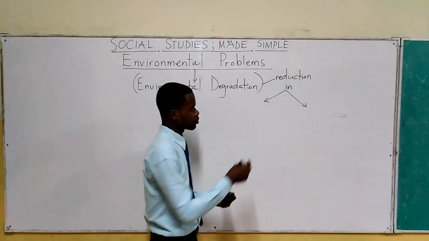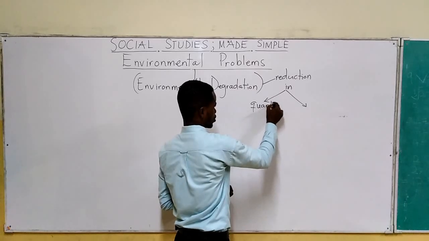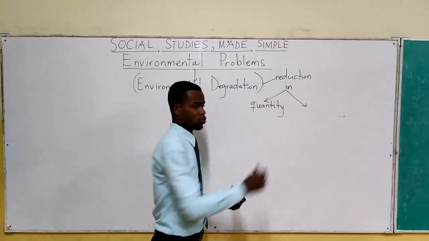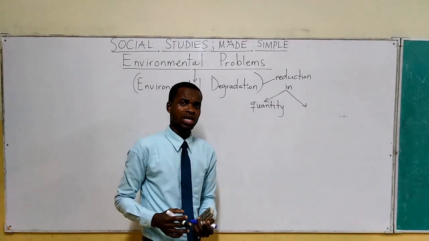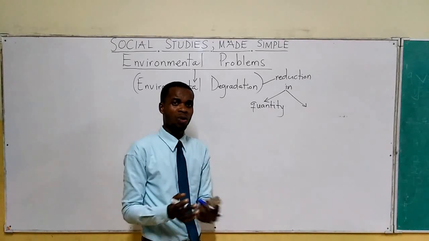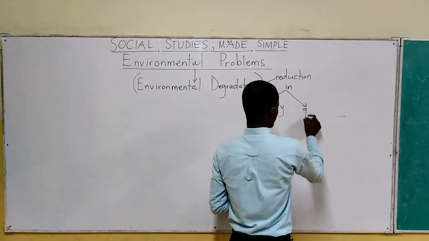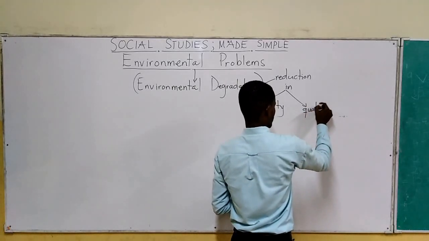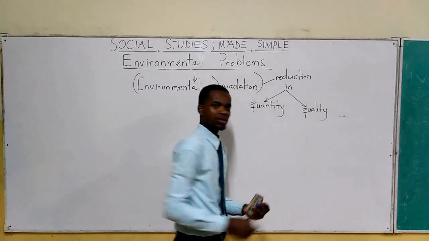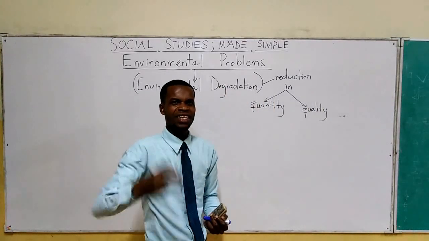So we can use the quantity to refer to the amount of whatever component we are talking about. Then we can also talk about the quality, their usefulness, the value.